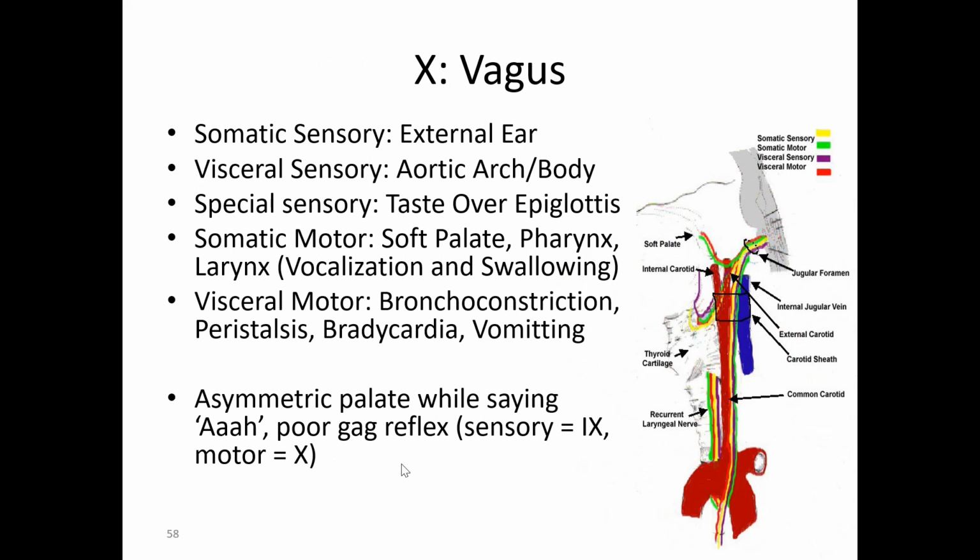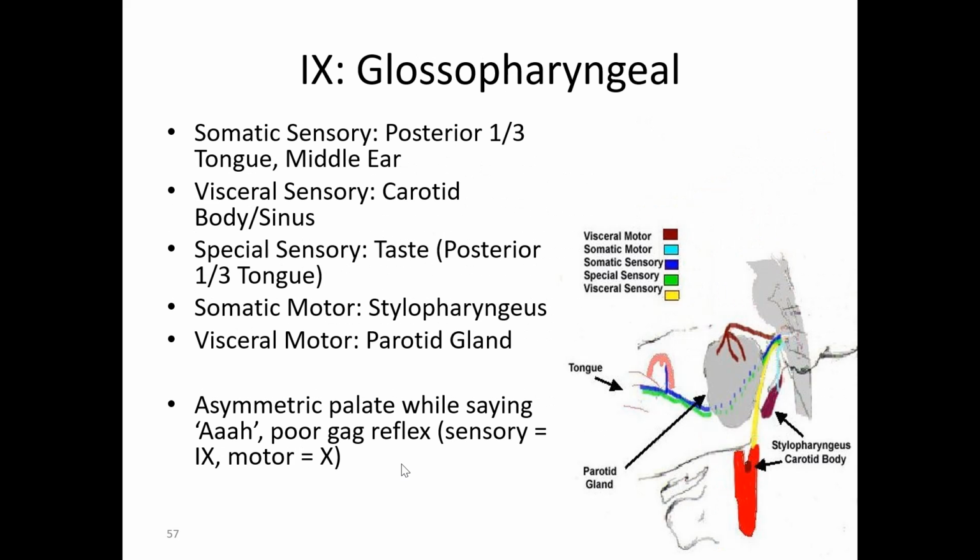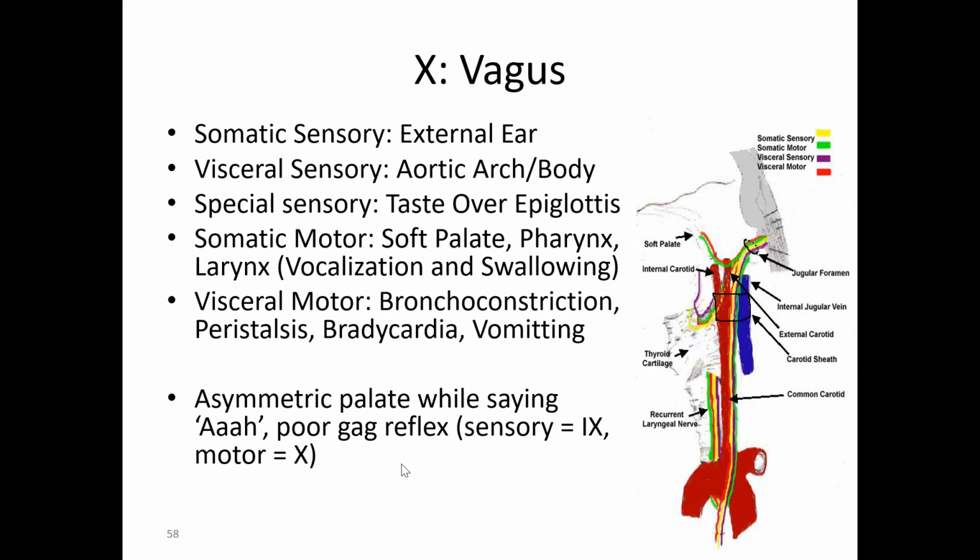Vagus nerve, I will discuss these combined. The vagus, 10th cranial nerve, is a mixed nerve, like the glossopharyngeal, having sensory and motor components. Somatic sensory of the vagus is to the external ear. Its visceral sensory is to the aortic arch and body.